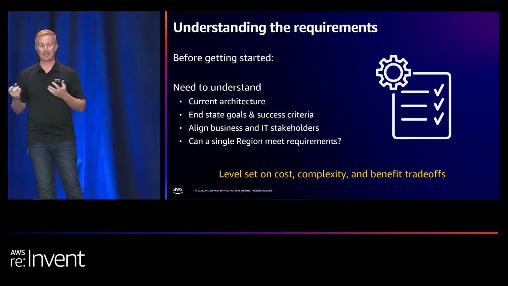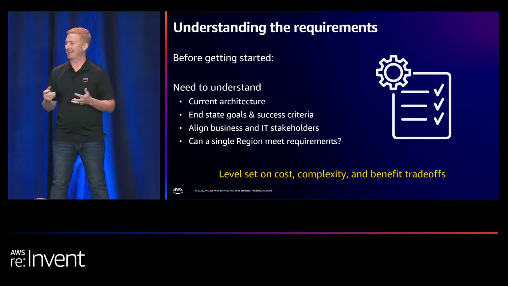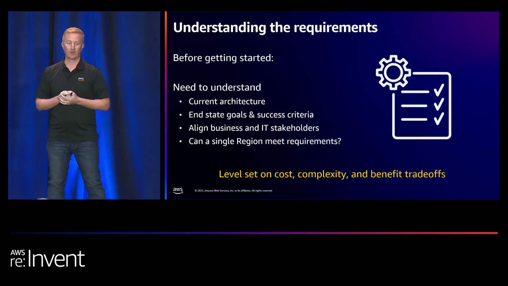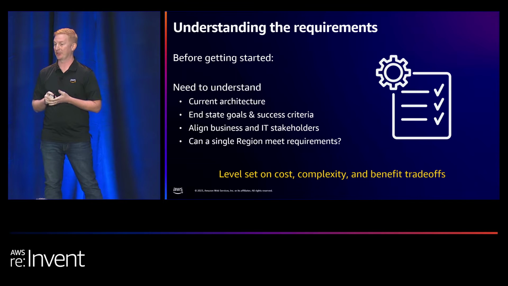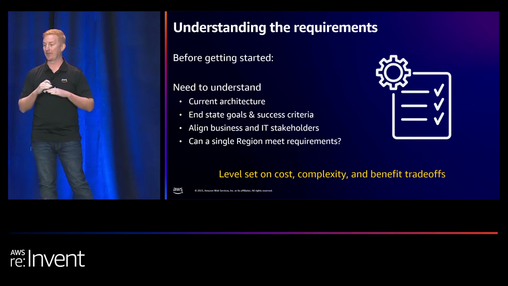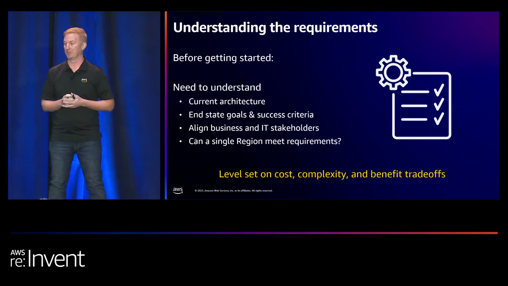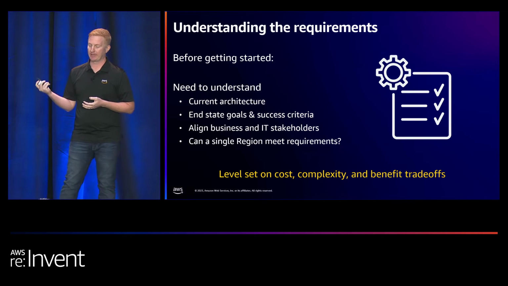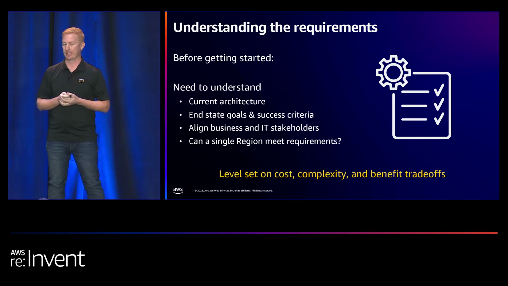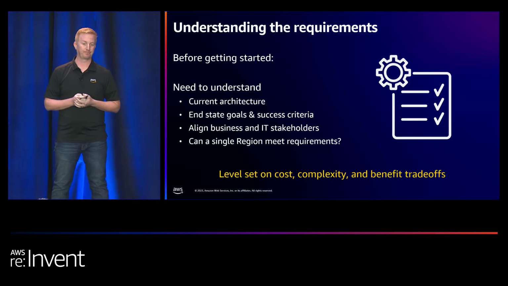And having both business and technology stakeholders in the room in agreement here is going to help to level set across the organization on the cost, the complexity, and the trade-offs. And it's really going to set the foundation for your journey into a multi-region workload. So understanding the requirements is the first fundamental in creating a multi-region workload.